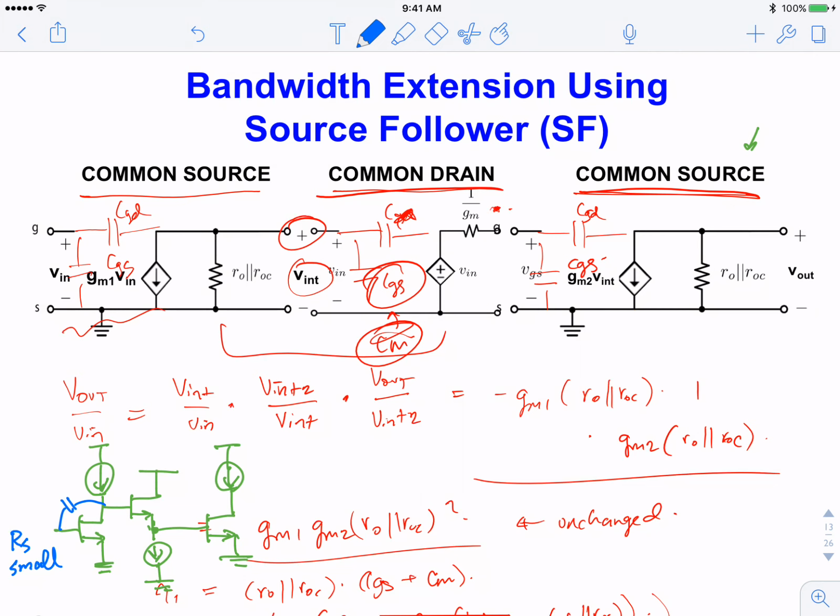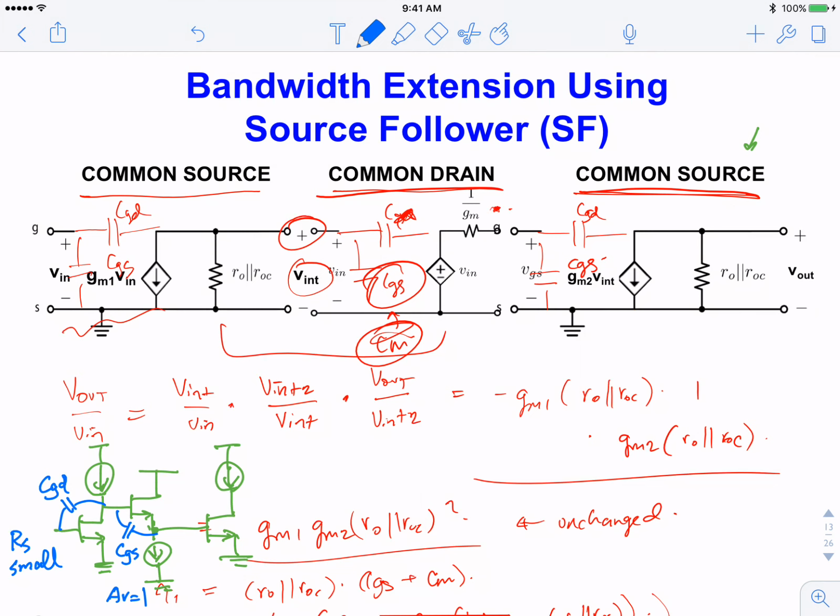The second stage here, you have CGS here, this is CGD, gate to drain, gate to source, but the voltage gain AV is 1 here, so the Miller effect is no problem here.